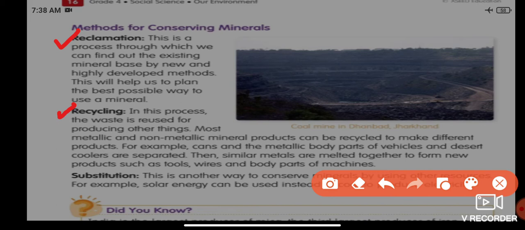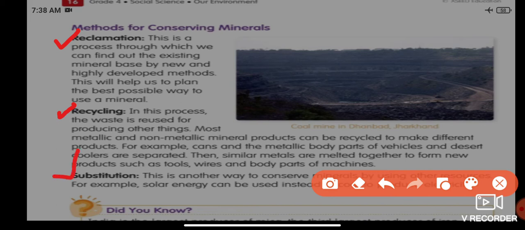Most metallic and non-metallic mineral products can be recycled to make different products. For example, cans and the metallic body parts of vehicles and desert coolers are separated. Then similar metals are melted together to form new products such as tools, wires, and body parts of machines.